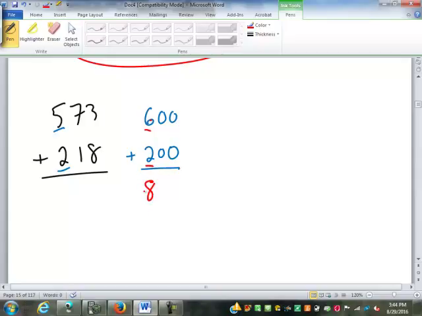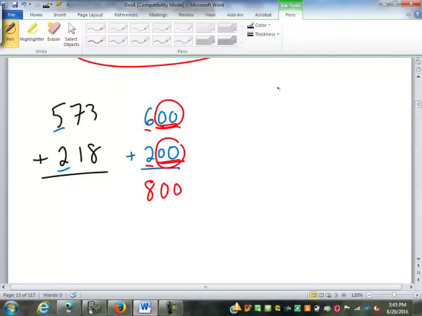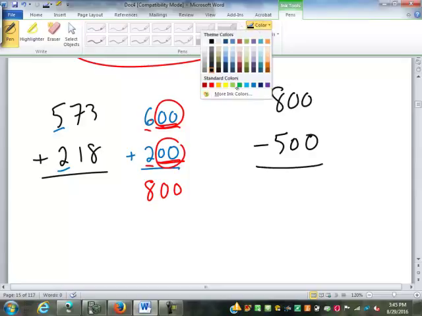But also when I add or subtract, I keep the same name. So 6 and 2 are both hundreds. The 8 has to be hundreds, which means I need 2 zeros. When I add or subtract and I have zeros at the end of the number, in other words with rounded numbers, all I'm doing is keeping the same number of zeros. So let's just do an estimate here. Let's say I have 800 minus 500.